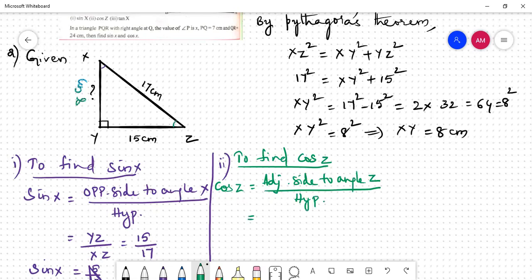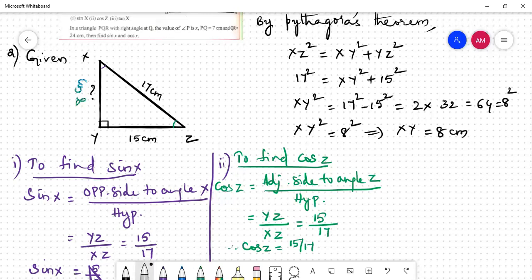We have to consider this angle z. What is the adjacent side? YZ, isn't it? Divided by the hypotenuse, XZ. So YZ is 15 divided by 17. Therefore, cos z is equal to 15 by 17. Clear?